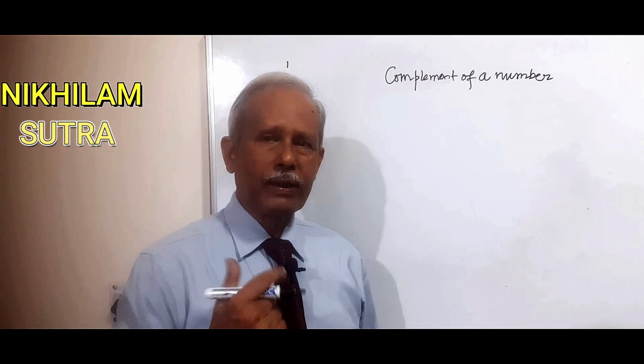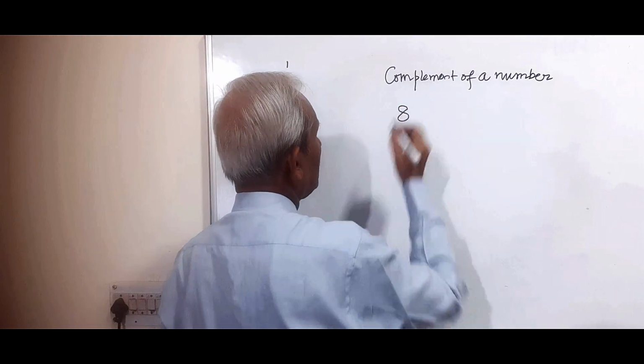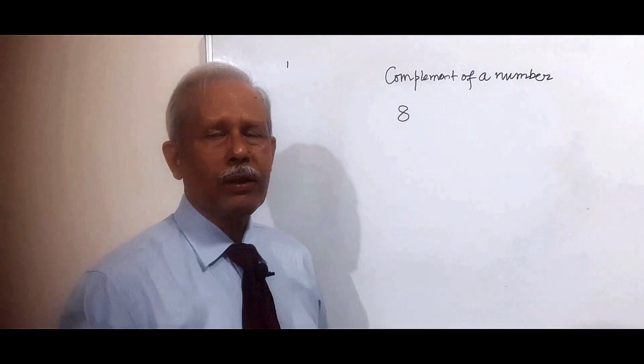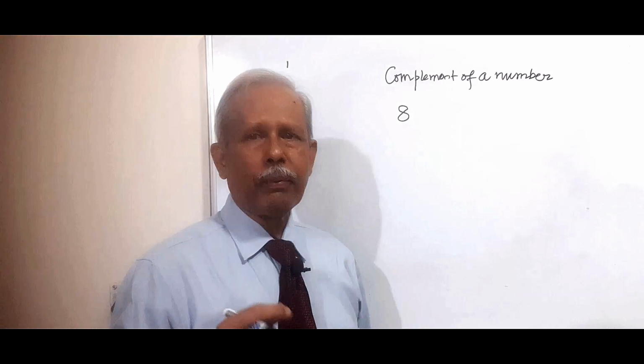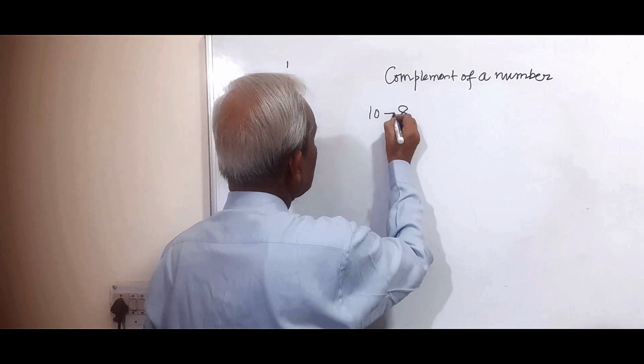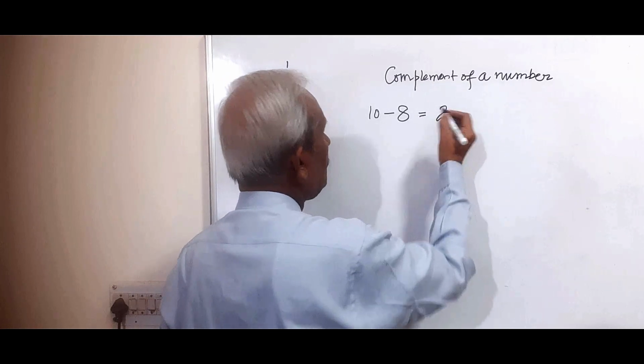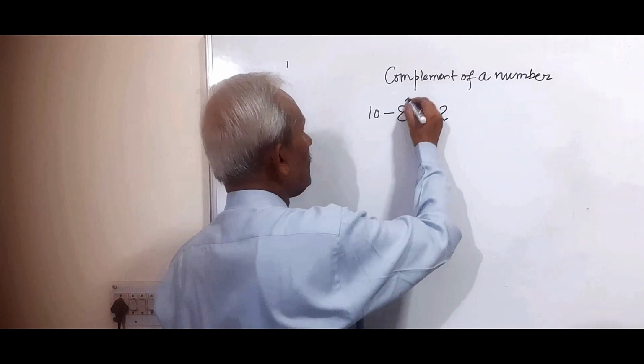Well, for example, if I ask you what is the complement of 8, what is the nearest base of 8? The nearest base of 8 is 10. So if you find 10 minus 8, the difference of 8 from 10 is 2, which is the complement of 8.